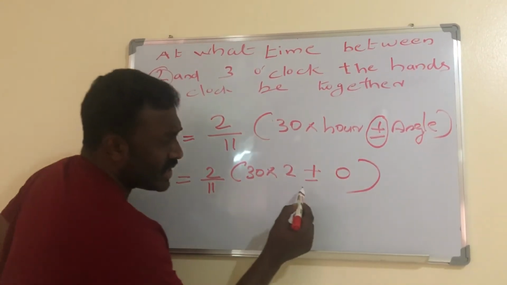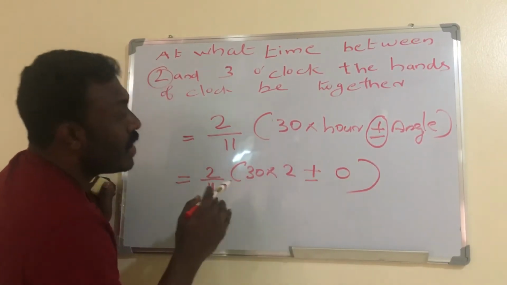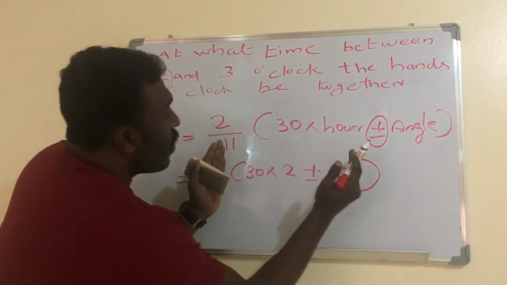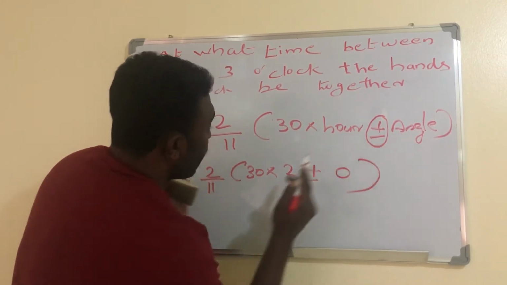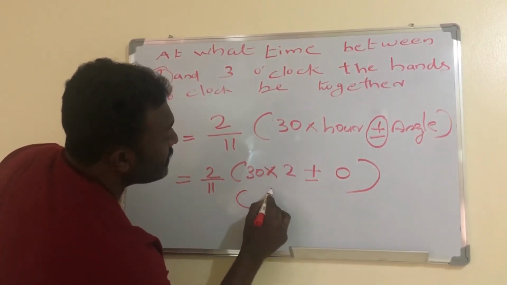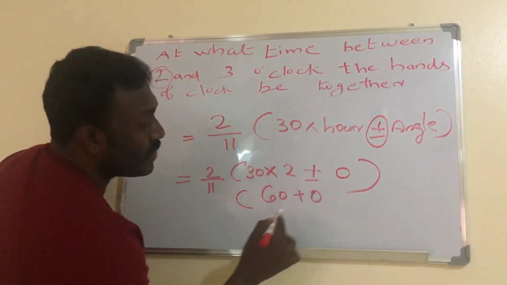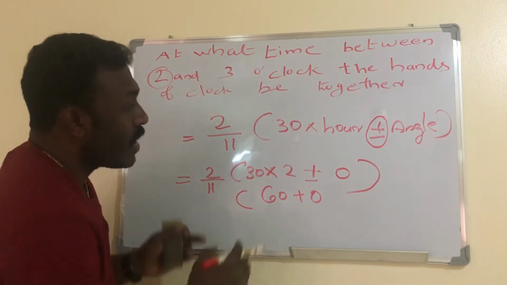Here there is a confusion: plus or minus, what do we put? For that you have to check only this bracket. 30 into 2 is 60, and 60 plus 0 is 60.